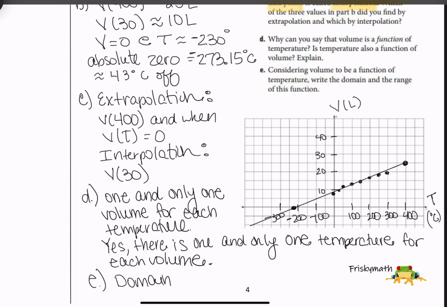So I think that we can say that our temperature can go anywhere above negative 273 degrees in order for there to be a volume. In which case our range, well, the volume has to be greater than 0.